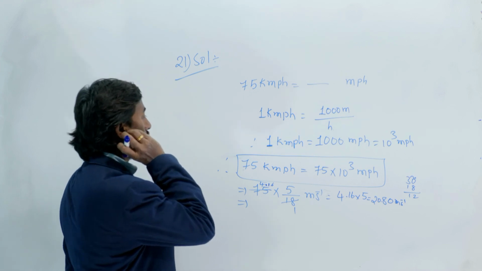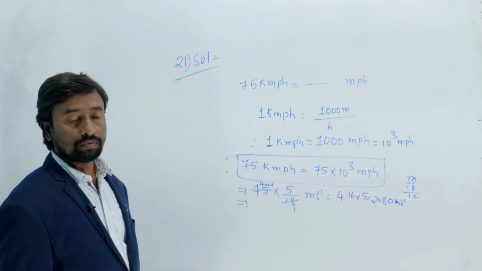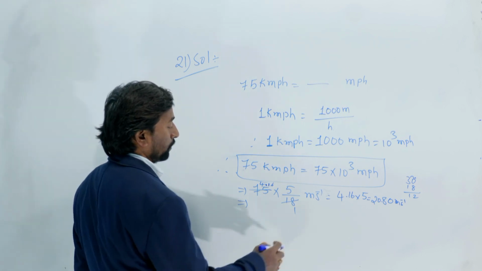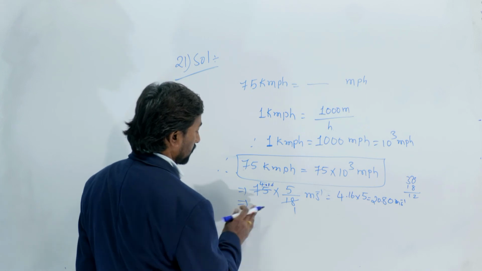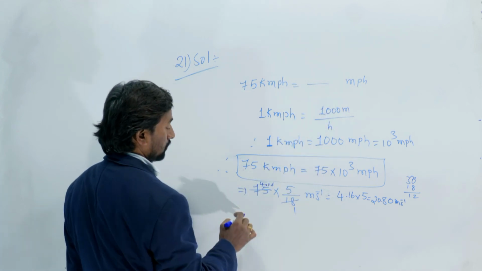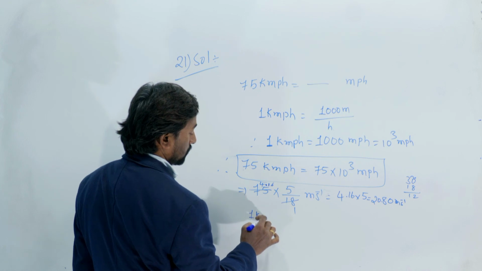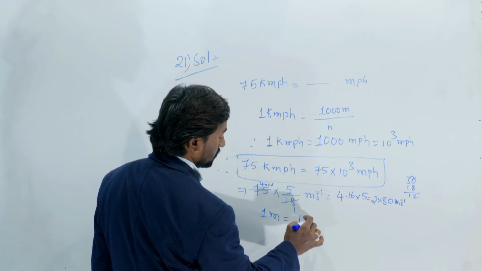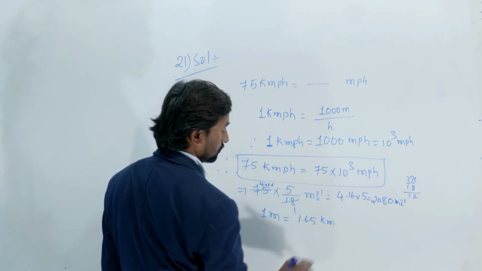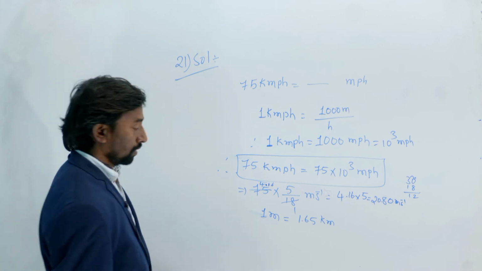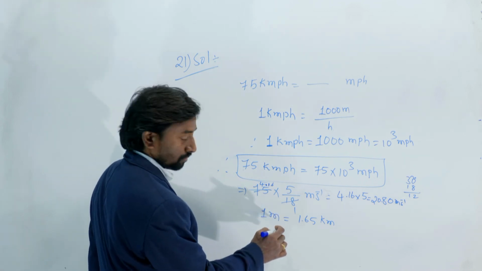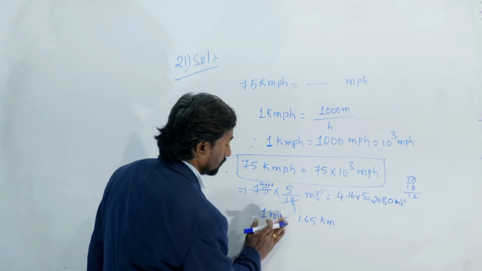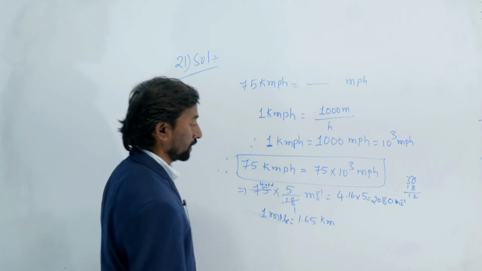Here we can convert this into miles per hour also. We'll convert that into miles per hour now. 1 mile is equal to 1.65 kilometers.